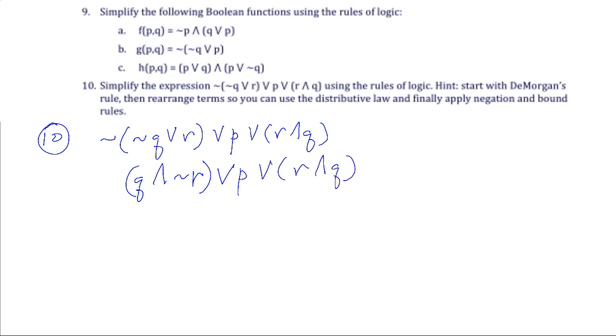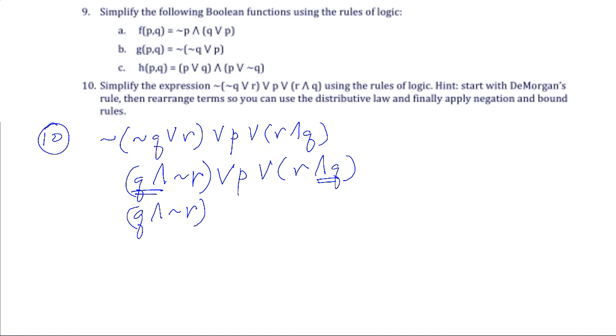Now I'm going to see that I have a Q and in two places here, so I can factor that out. I guess what I'll do is first I'll write this as Q and not R. And you also notice that I can rearrange the order in three things that are ORed together.